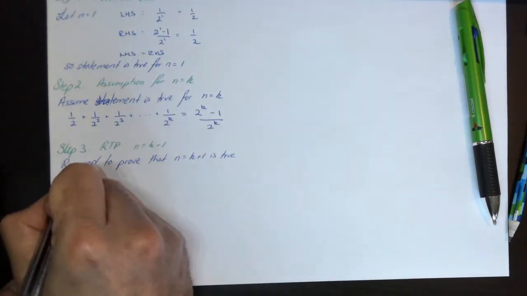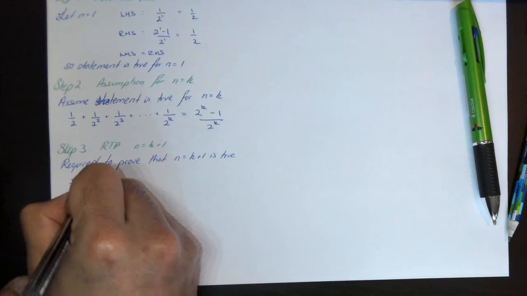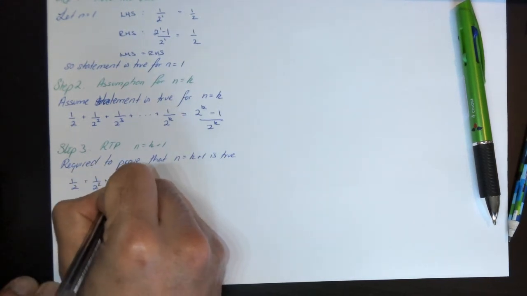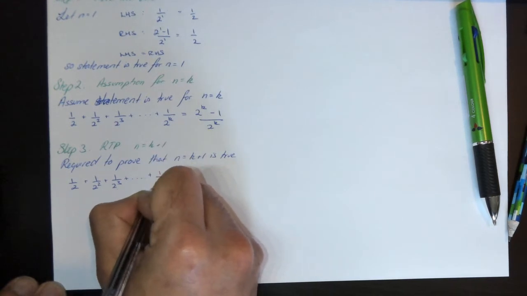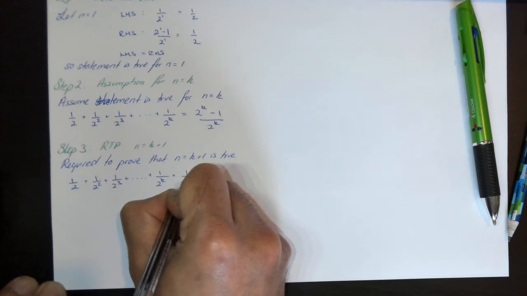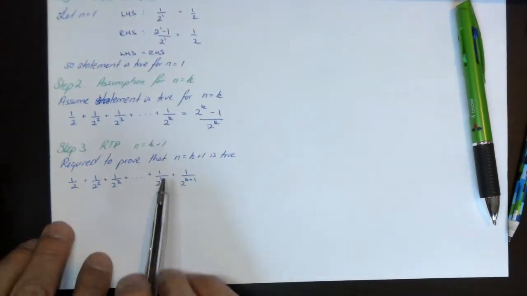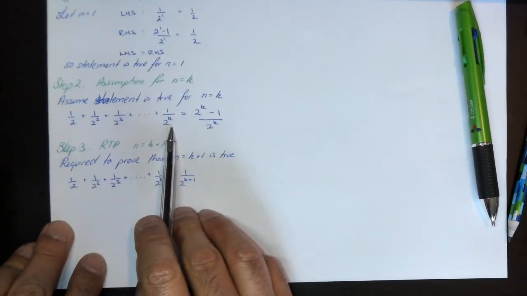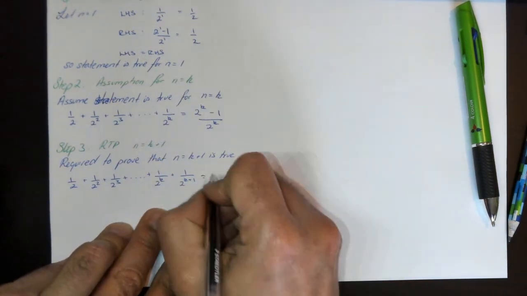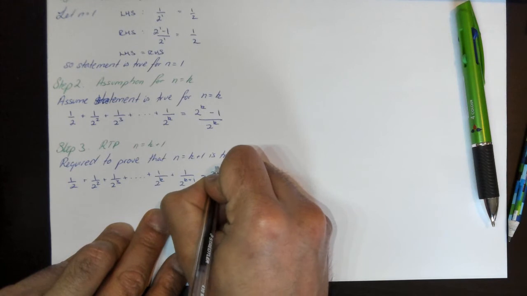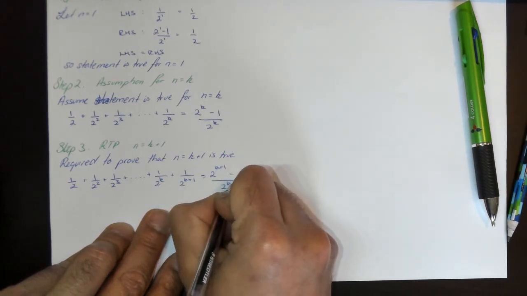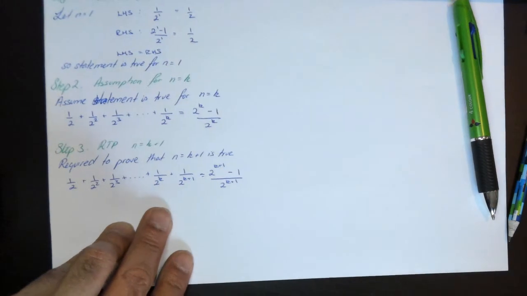So that means we get a half plus 1 over 2 squared plus 1 over 2 cubed plus 1 over 2 to the power of k plus 1 over 2 to the power of k plus 1. So these are all terms up to 2 to the k. The next term, 2 to the k plus 1, is equal to 2 to the power of k plus 1 minus 1 all over 2 to the power of k plus 1.